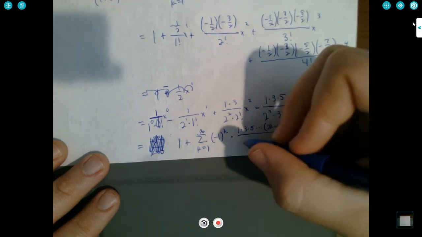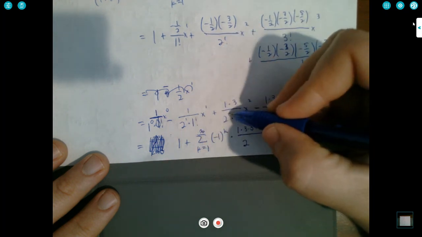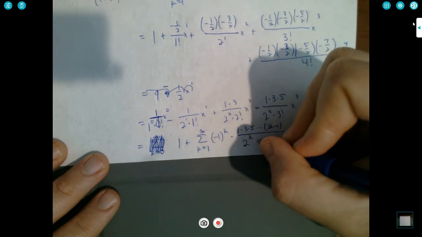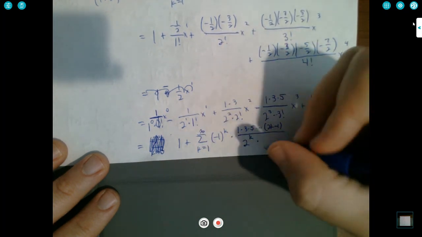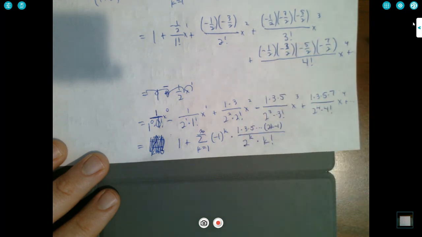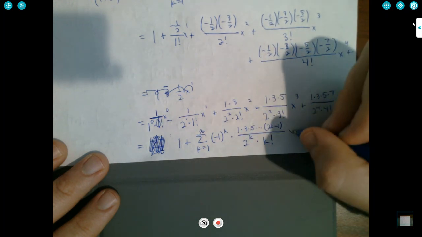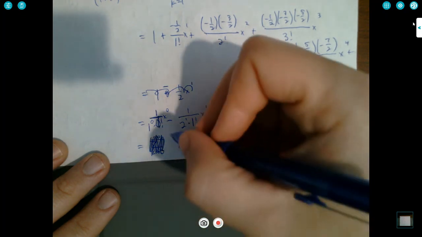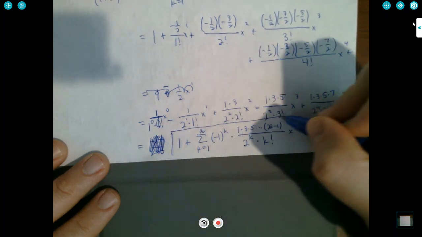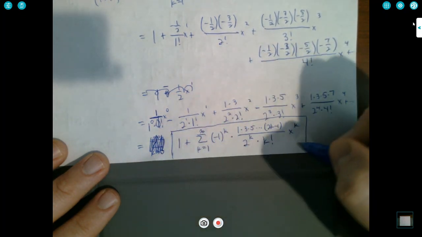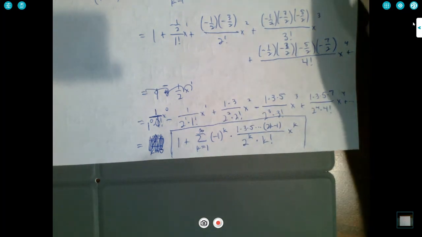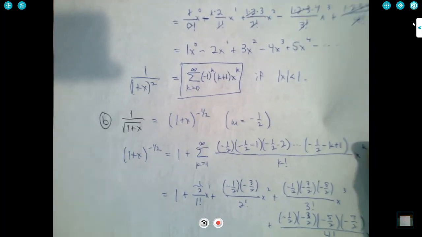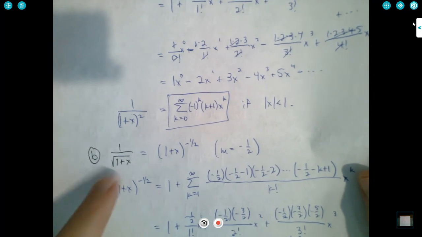And then I'm going to be dividing by 2 to the k times k factorial times x to the k. That's not very nice at all, but that's the binomial series for 1 over square root of 1 plus x.